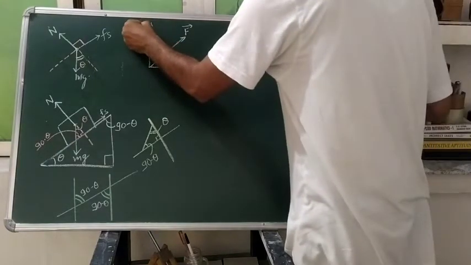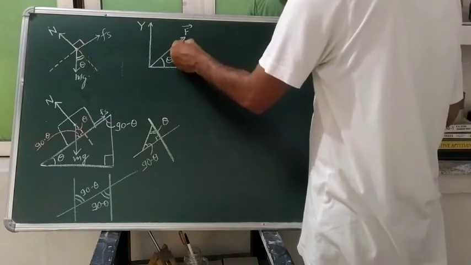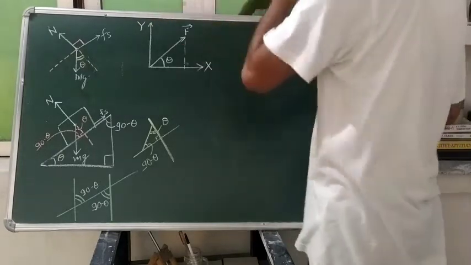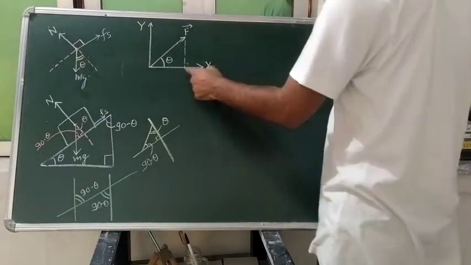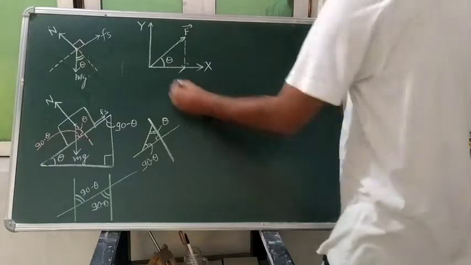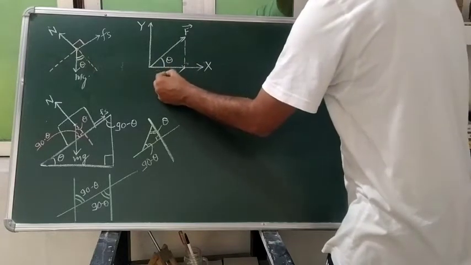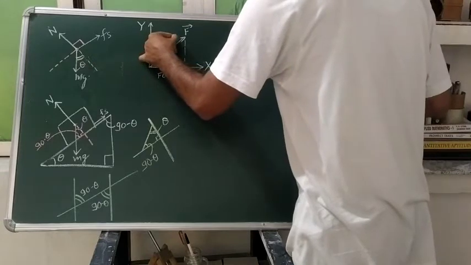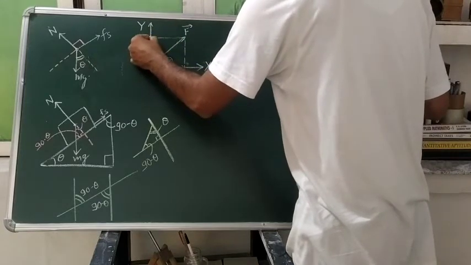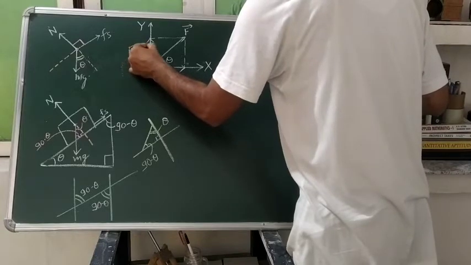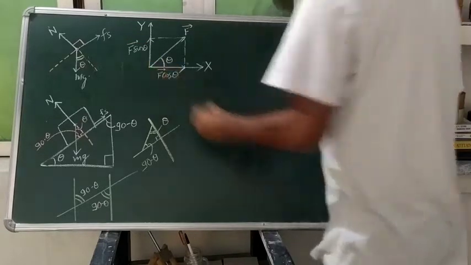We can resolve this vector along the x-axis and the y-axis. When you resolve along the x-axis, what will come out? F cos theta. And when you resolve along the y direction, this is going to give us F sin theta.